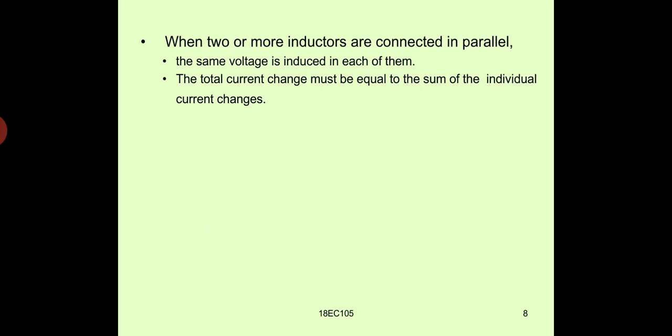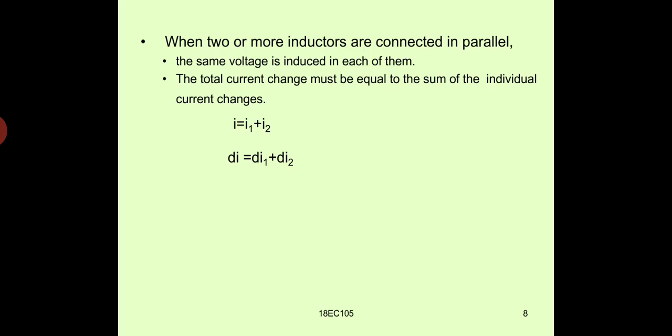When two or more inductors are connected in parallel, the same voltage is induced in each of them. So the total current change must be equal to the sum of the individual current changes. Therefore, total i will be equal to i1 plus i2, and then di will be equal to di1 plus di2.